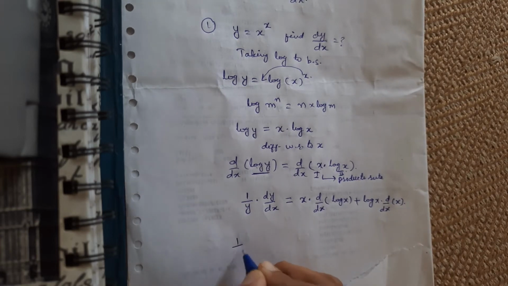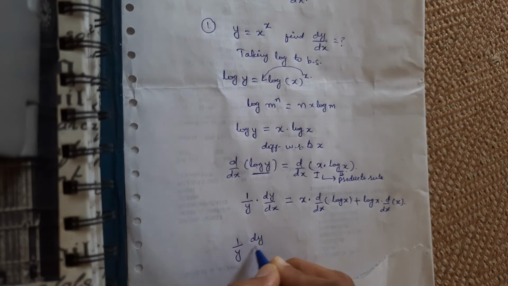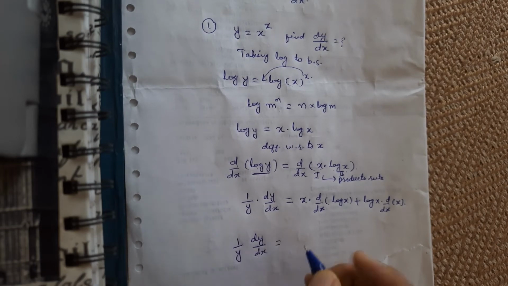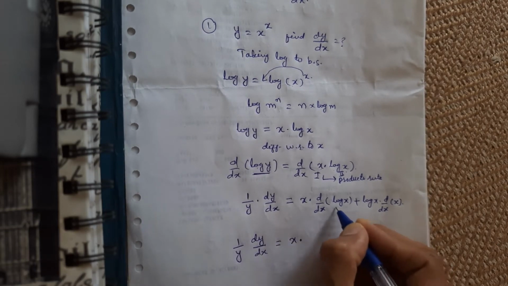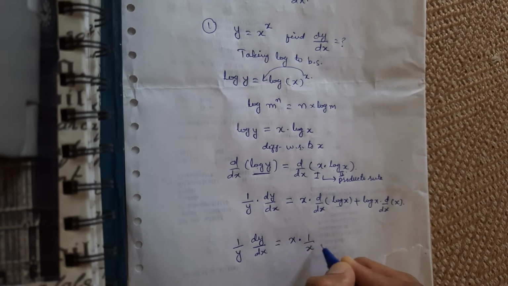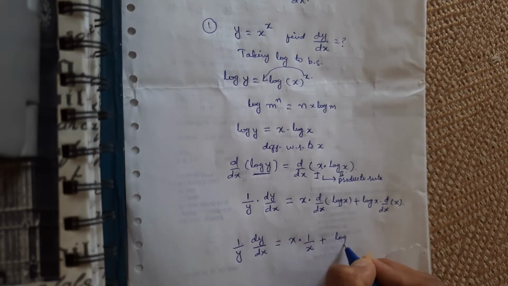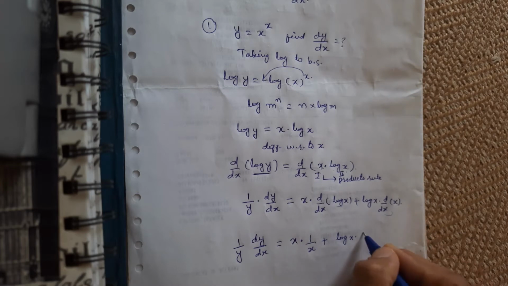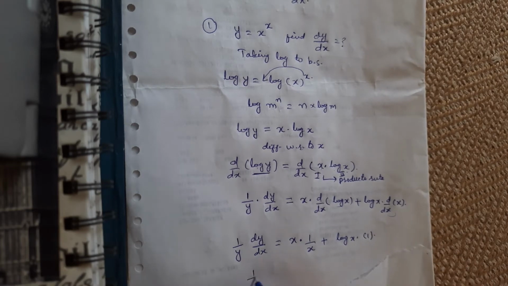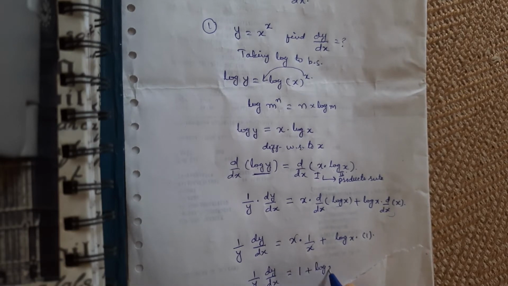So 1 upon y dy by dx equals x into derivative of log x, which is 1 upon x, plus log x into derivative of x, which is 1. So 1 upon y dy by dx equals, this gets cancelled, 1 plus log x.